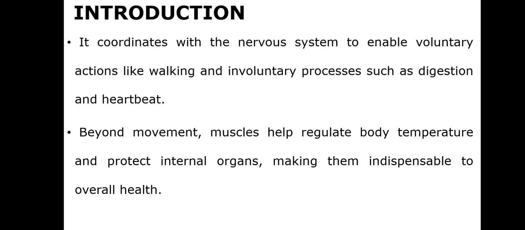As these different muscles perform various functions, some are voluntary actions and there are those that are involuntary. For example, if you want to walk, you decide that you want to walk, right? You make a step, you extend your muscles, you flex them. Those kinds of actions are voluntary.